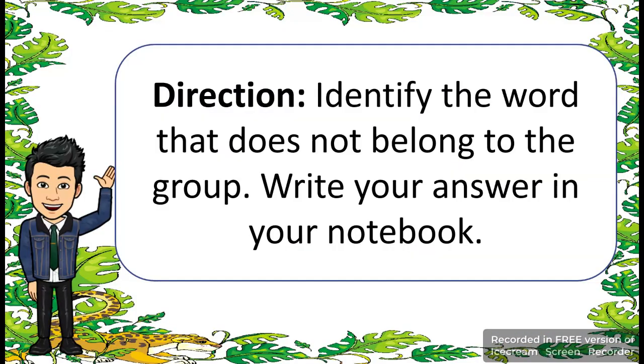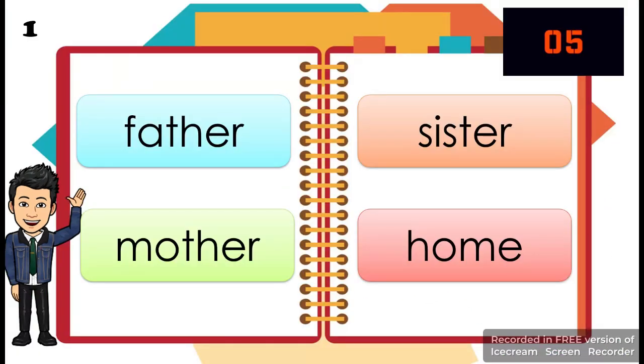Good job, kids! For your activity 2, direction: identify the word that does not belong to the group. Write your answer in your notebook. Number 1, father, mother, sister, and home.